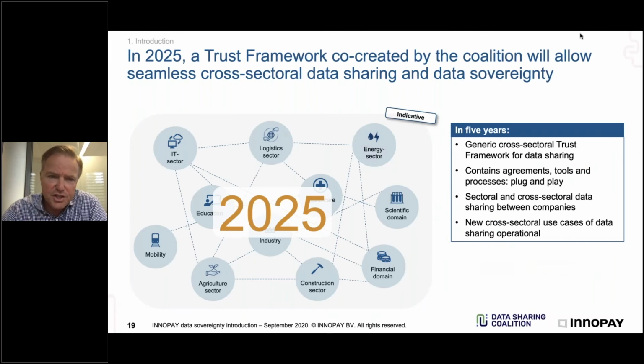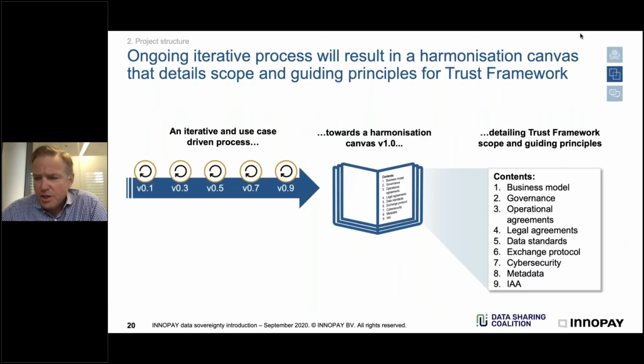And here you see the vision is to create an interoperable network of cross-sectoral data sharing initiatives. In a couple of years, so we still have a lot of work to do. And it starts with what we call the harmonization canvas.